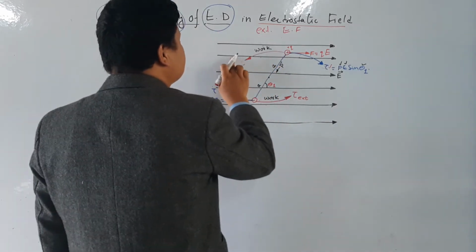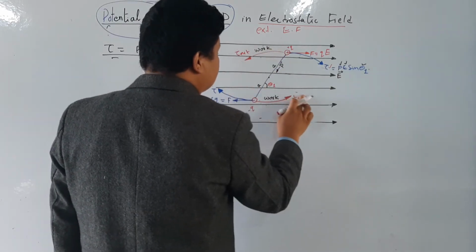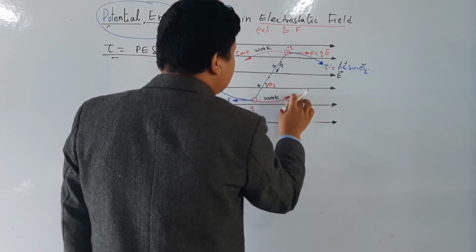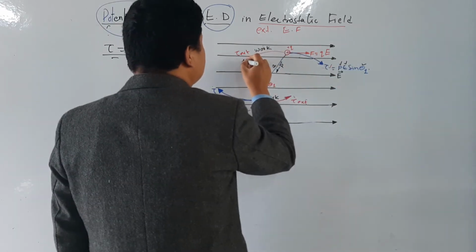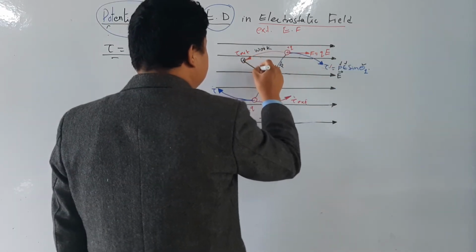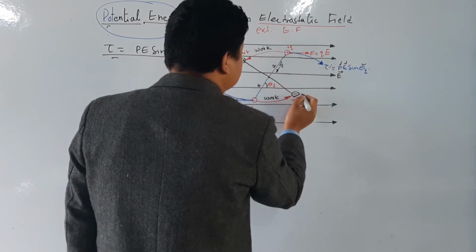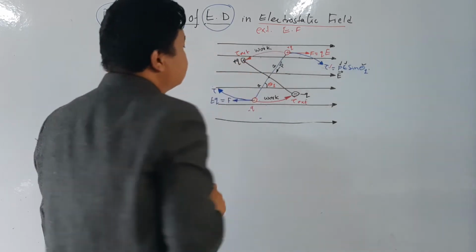Okay, and this is my external torque. I am giving the external torque, so that here it has come plus q, and here it has come minus q. So this is minus q and this is plus q.